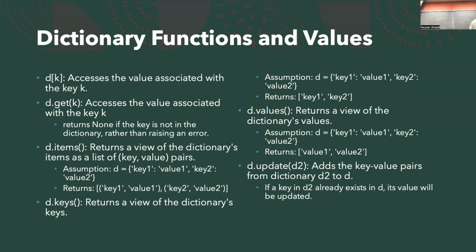So what I mean by that is, you would make a for loop like for a key in dict.keys, and then you can, for example, just print out the key, for example, the item that the key is associated with.